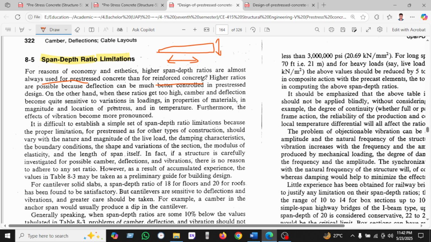For reinforced concrete, higher ratios are possible because the deflection can be much better controlled in prestressed design. On the other hand, when this ratio gets too high, camber and deflection become quite sensitive to the variation of loading, properties of materials, magnitude and location of prestress, and temperature. Furthermore, the effect of vibration becomes more pronounced.